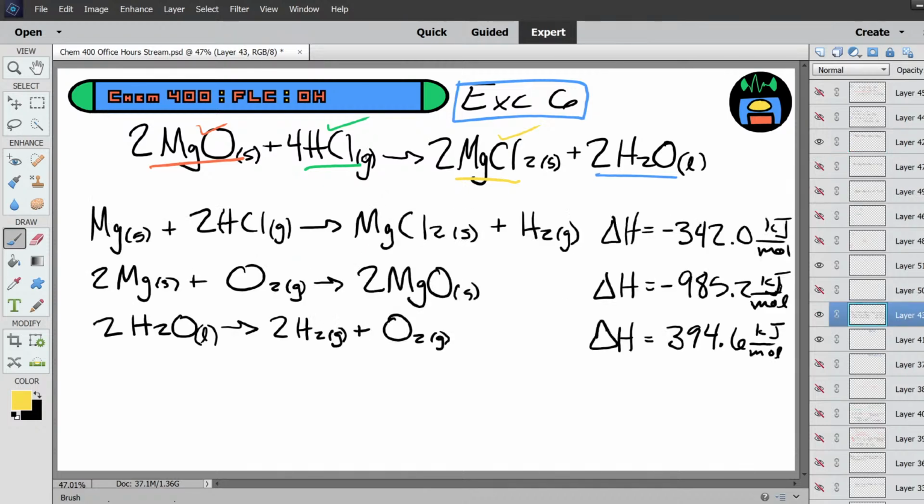So let's take a look with fresh eyes. We need water. And we need 2 moles of water, which we have, but we need it on the product side, and in this reaction, water is on the reactant side. So we need to flip this reaction.